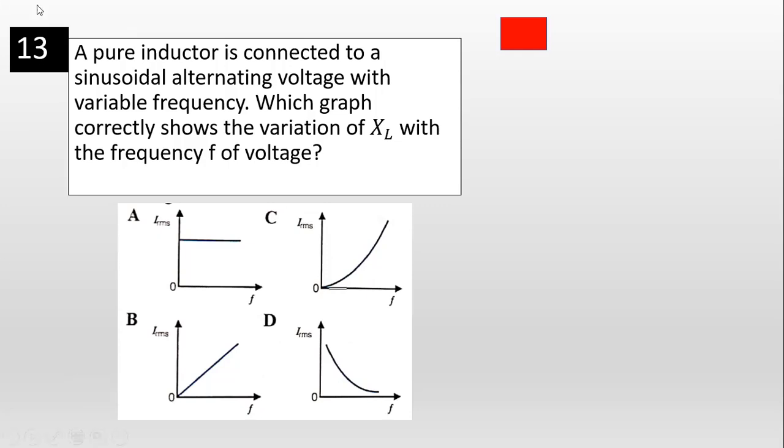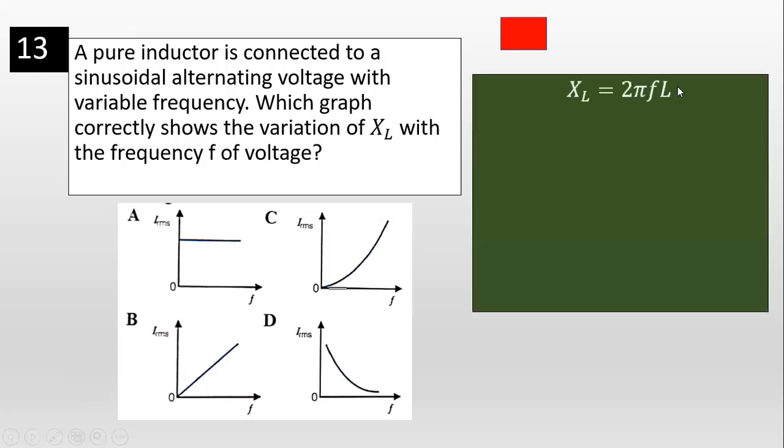Okay. An inductor is connected to a sinusoidal alternating voltage with variable frequency. Which graph correctly shows the variation of XL with the frequency of voltage? The key is to remember that formula. So this is direct. This one they want the current.